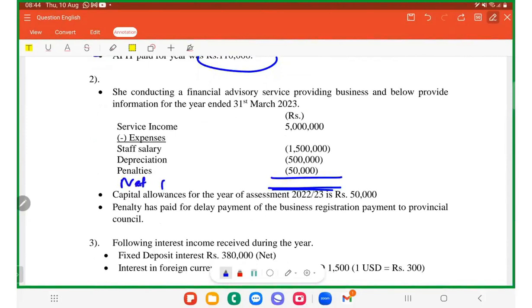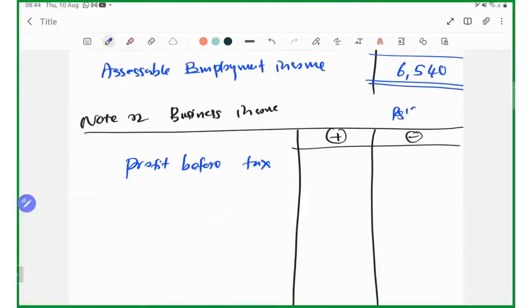Net profit. So how much? 5 million minus 1,500 minus 500 minus 50.